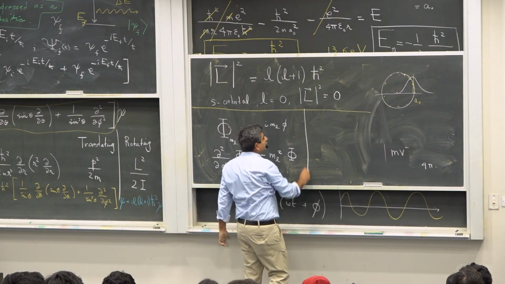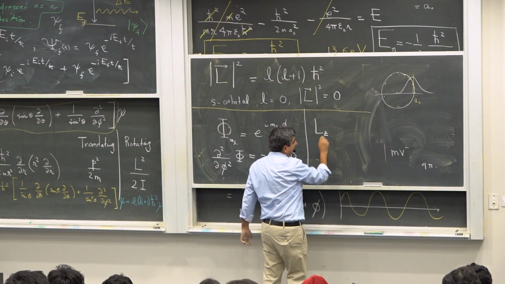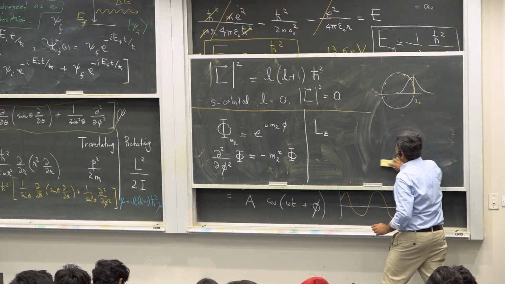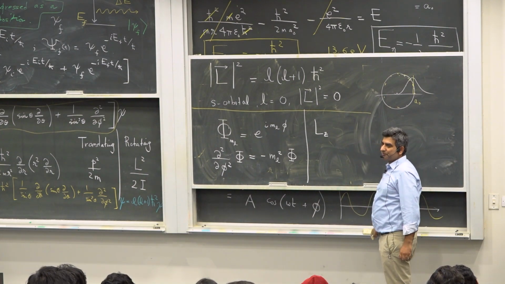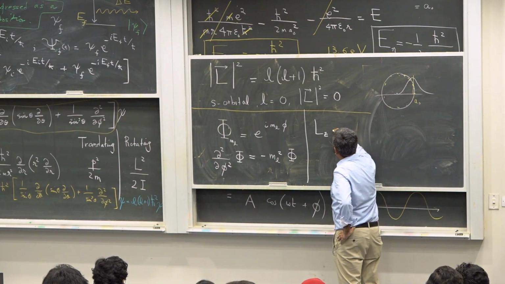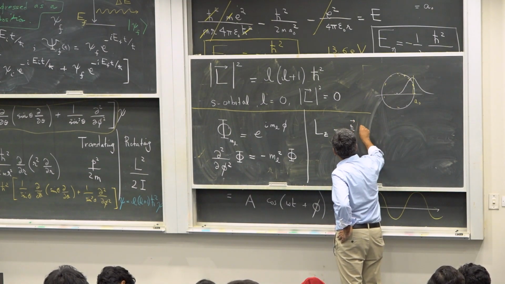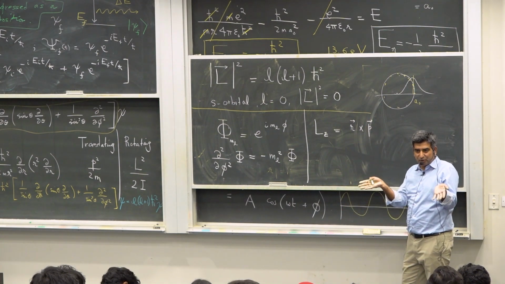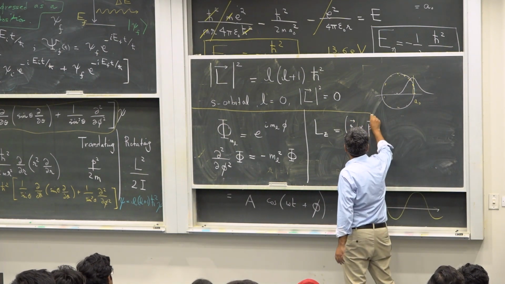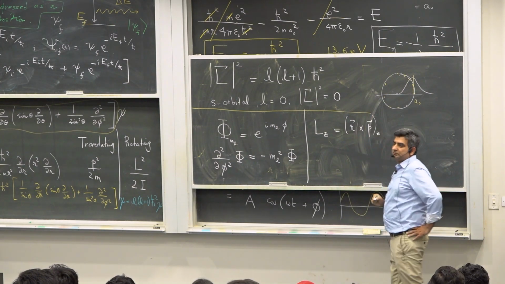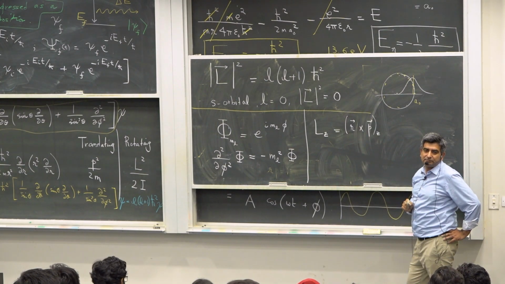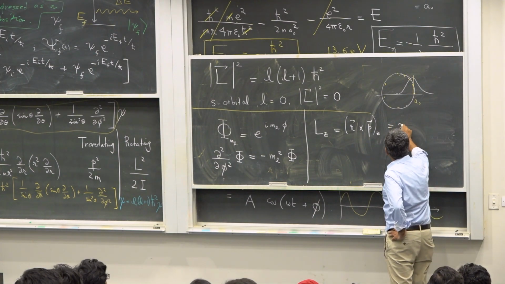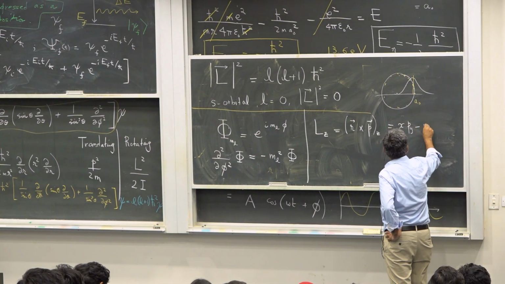Now if I look at the z component of an angular momentum, Lz, what is Lz equal to? Lz equals r crossed with p, right? A classical relationship, a cross product, and its z component. So this really equals x py minus y px.